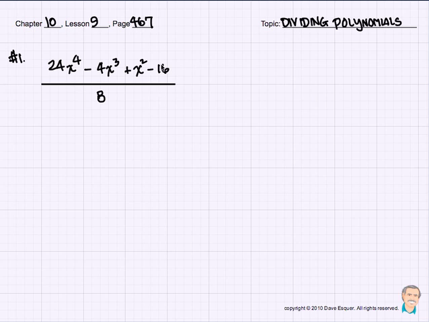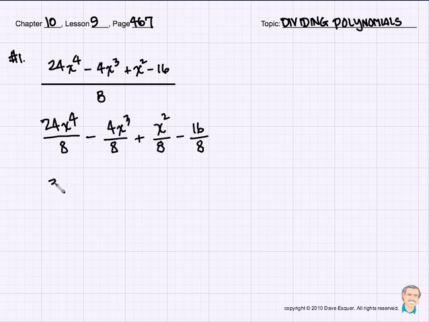For example, number 1, 24x to the fourth minus 4x cubed plus x squared minus 16, all that divided by 8, into small components. And they look like 24x to the fourth divided by 8 minus 4x cubed divided by 8 plus x squared divided by 8 minus 16 divided by 8.